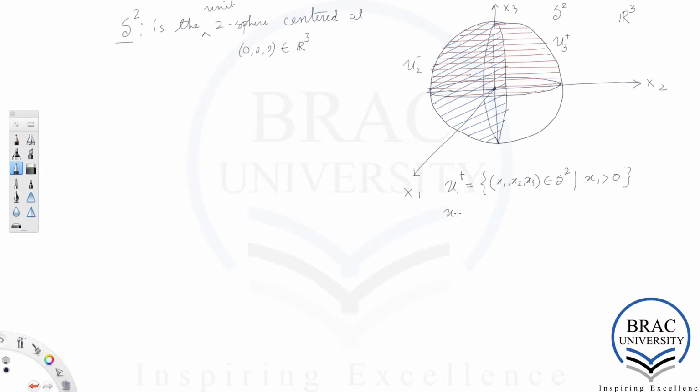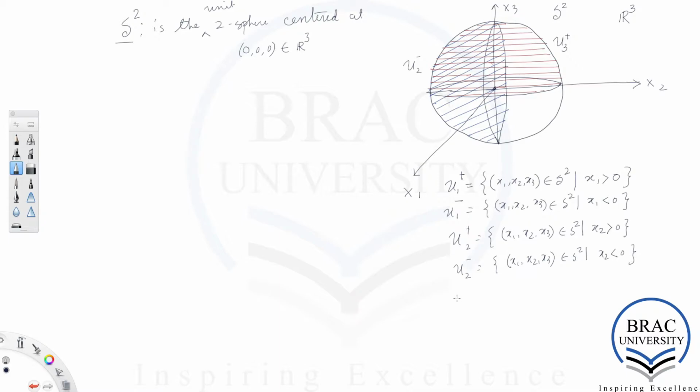Similarly, you have U1 minus, which is the collection of all ordered triples belonging to the unit sphere such that X1 is strictly negative. Similarly, U2 plus is the collection of all ordered triples X1, X2, X3 in S2 such that X2 is strictly positive, and U2 minus is the collection of all such triples with X2 strictly negative.